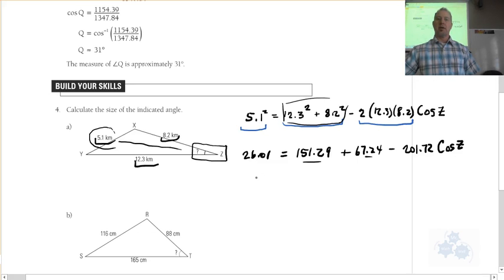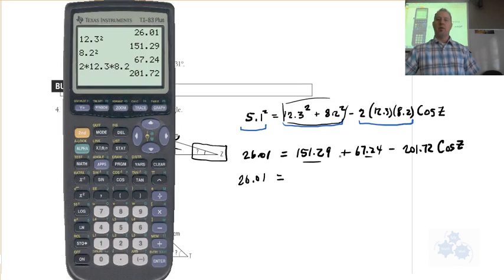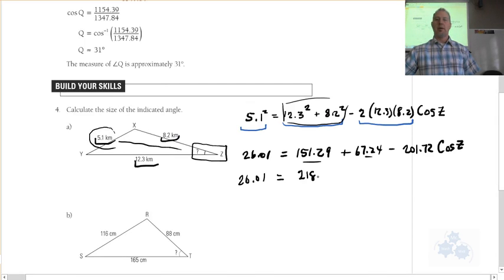I found them separately. So watch what I'm going to do now. I'm going to add these two together: 151.29 plus 67.24. Good idea to write everything out each step so that you don't mess up on any numbers. It's 218.53.